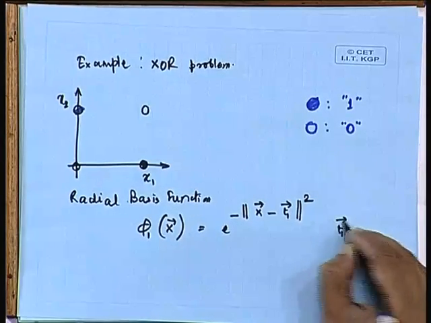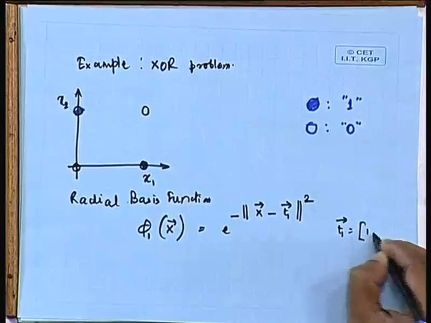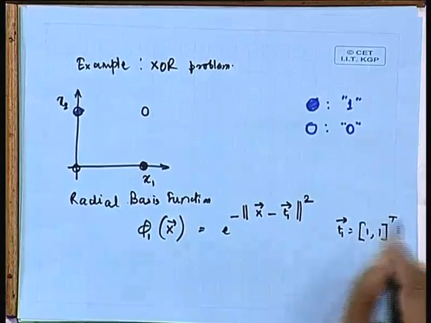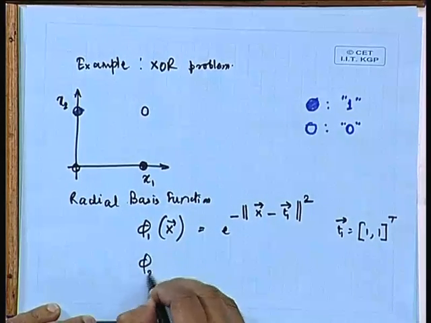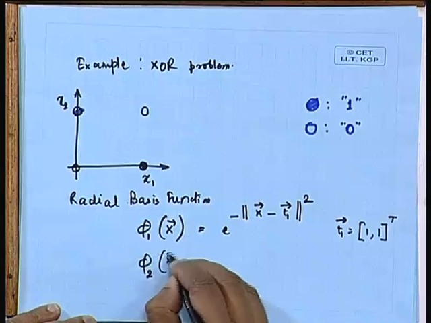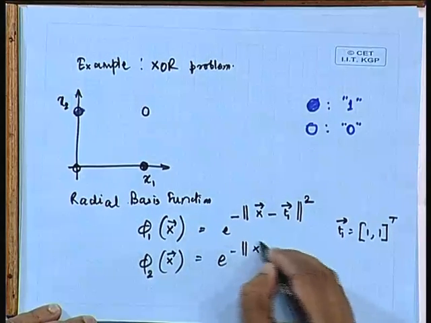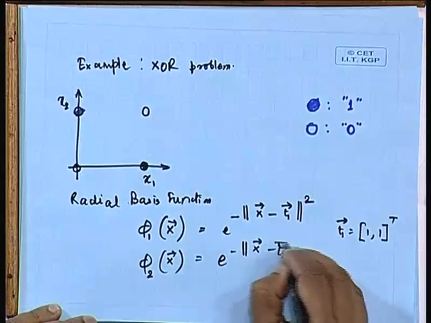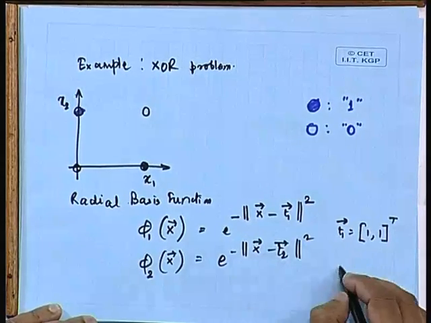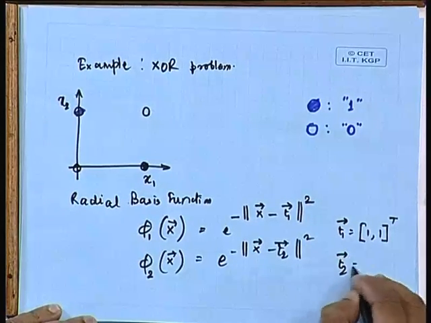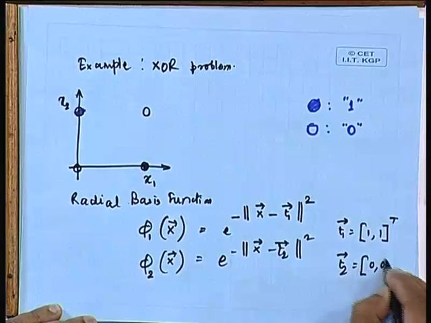So, we take T1 vector to be equal to 1 1, and we likewise take another radial basis function phi 2 of x, which is equal to e to the power minus norm of x minus T2 squared, and T2 in this case is defined to be 0 0.